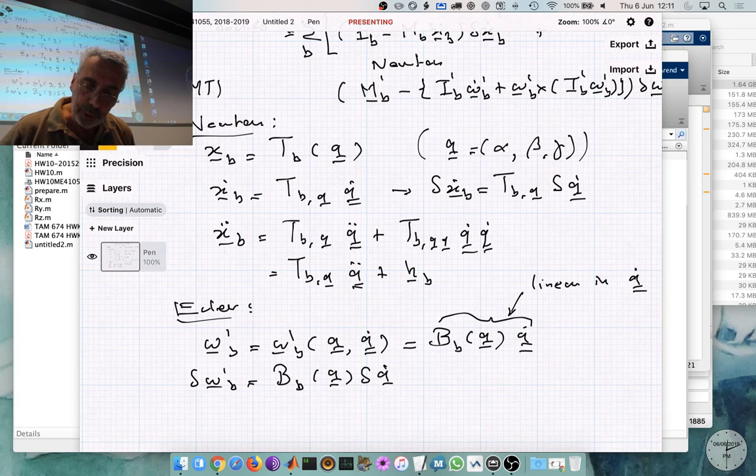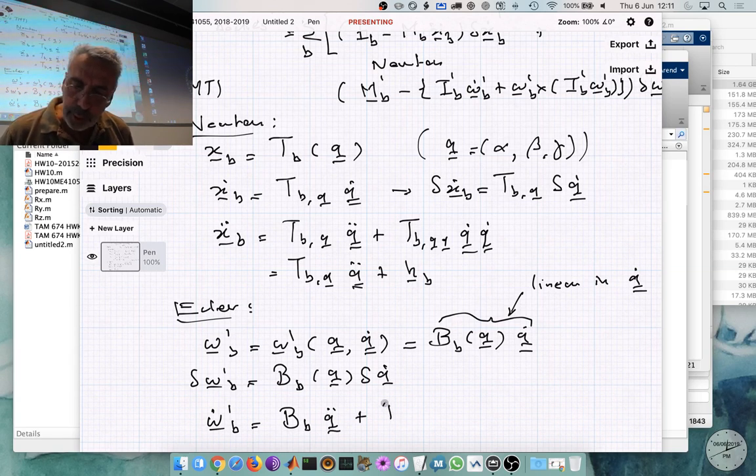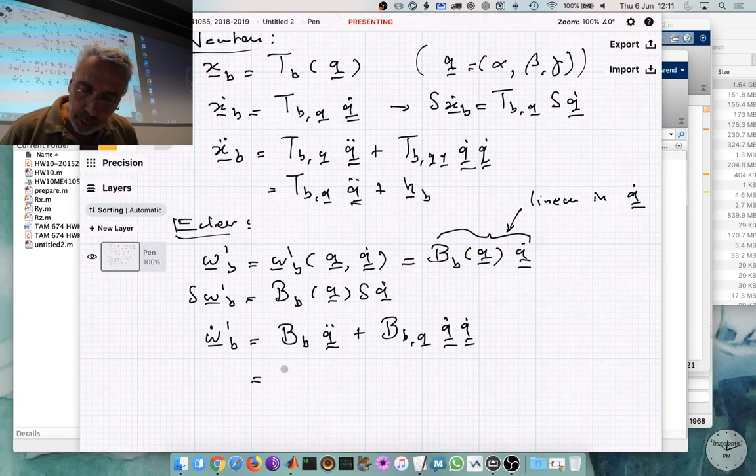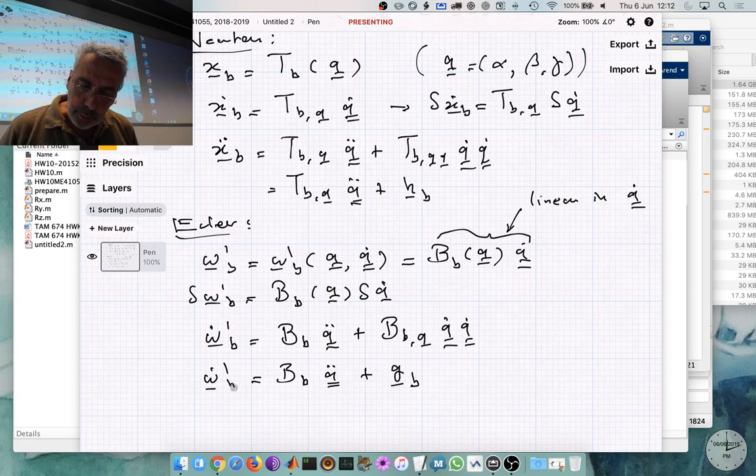So I need to differentiate this, and I get omega dot prime of B: I first keep the B constant, B times Q double dot, plus what we call these convective terms, Q dot, and again I have a symbol for this, and I call it G. A bit confusing, but G_B. Okay, so now I have all my elements.